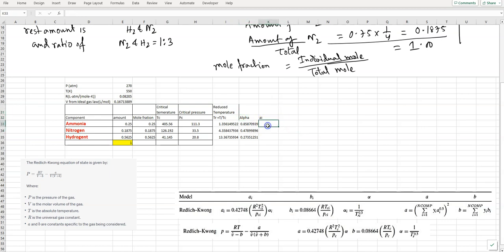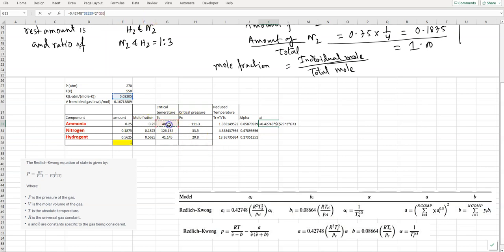Now we can calculate the individual component AI. AI is equal to 0.42748 multiplied by R square. R square is here, that is not going to change, so we make the dollar sign. That is also squared, and then into TCI square.